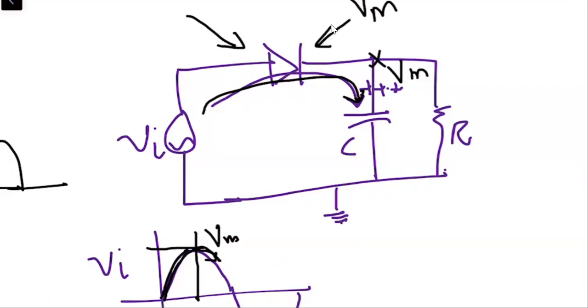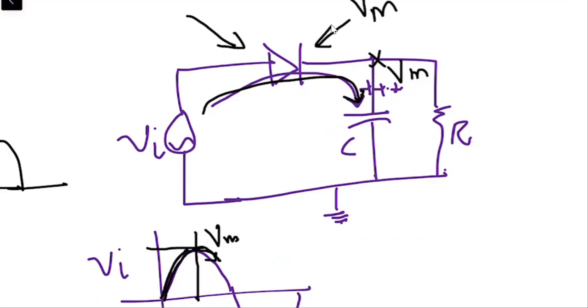Closed switch means it has negligible resistance. Due to this, the capacitor charges instantaneously along with the rise of the voltage. Once the input voltage reaches Vm, the capacitor is also charged to the value equal to Vm.